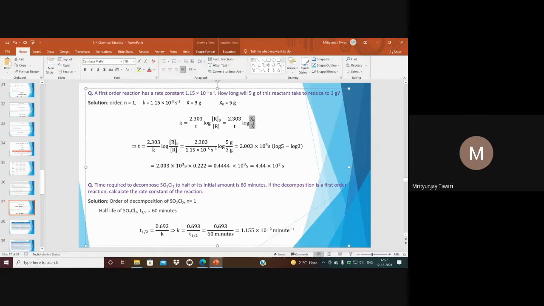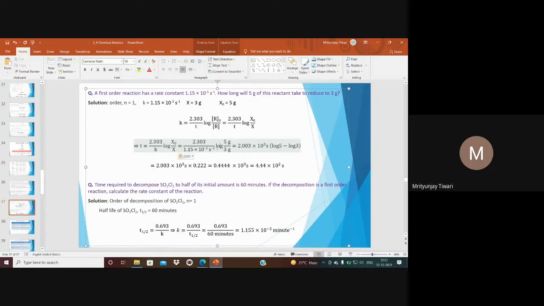Let me put the values here. So 2.303 divided by the value of K, which is given as 1.15 into 10 to the power minus 3 per second, times log of X naught, 5 gram, divided by 3 gram.